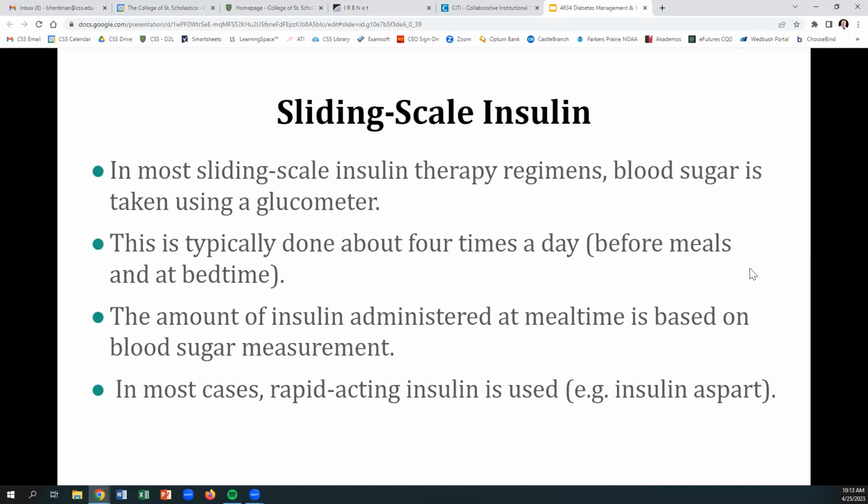This is different from carb coverage insulin that I'm going to talk about in a little bit. So you can kind of associate sliding scale insulin with correctional insulin.